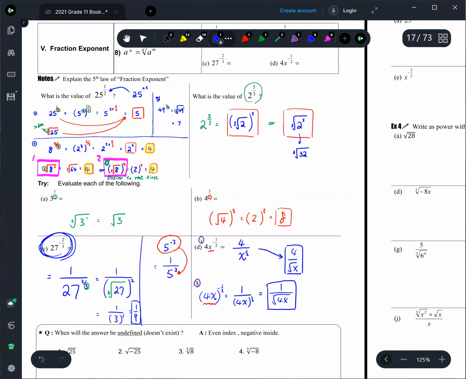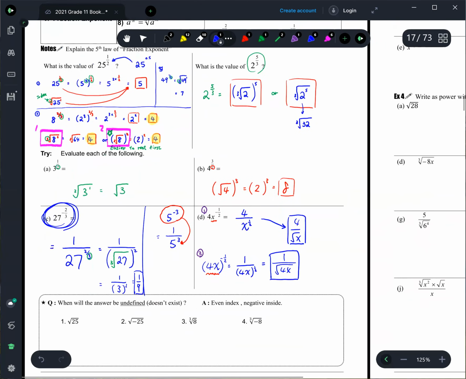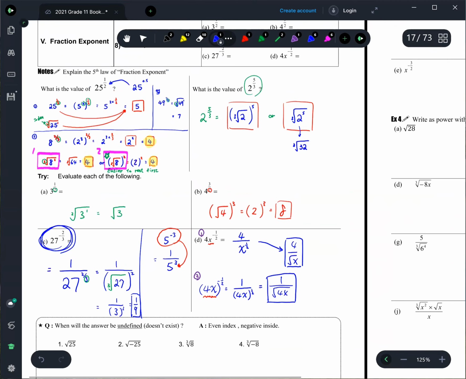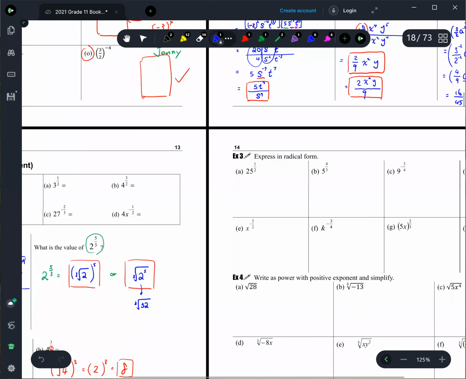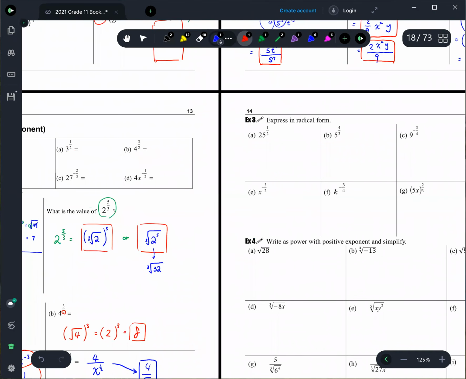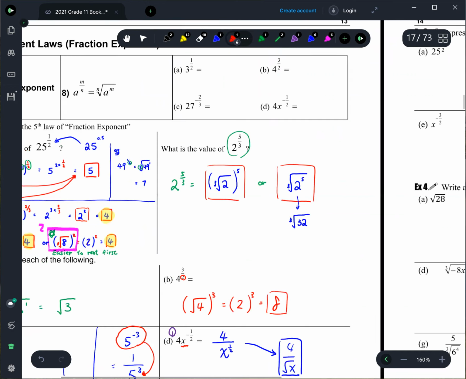Okay. So before we talk about the bottom box, I want you to try a few exercises first. Okay, so you can turn to the next page. It says, please write it in radical form. So radical form is referring to this way.